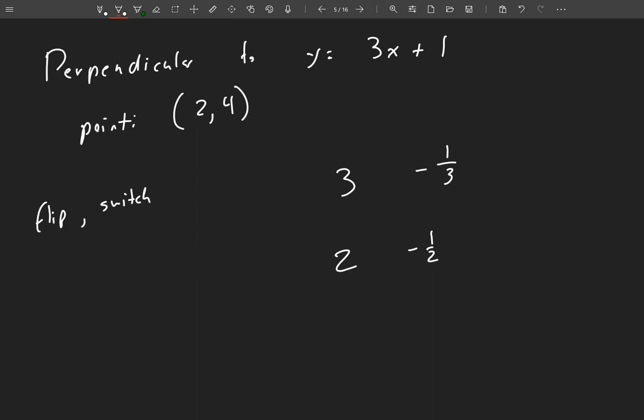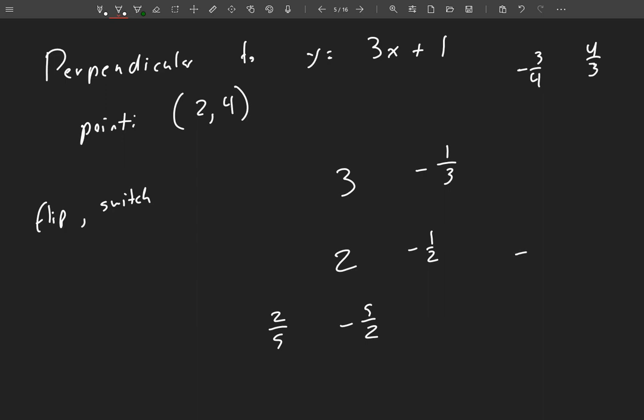If it was already a fraction, we could do something like that. We could say 2/5 would then become -5/2. You could also have -3/4 would then become 4/3 because I changed the sign from negative to positive and flip it over.